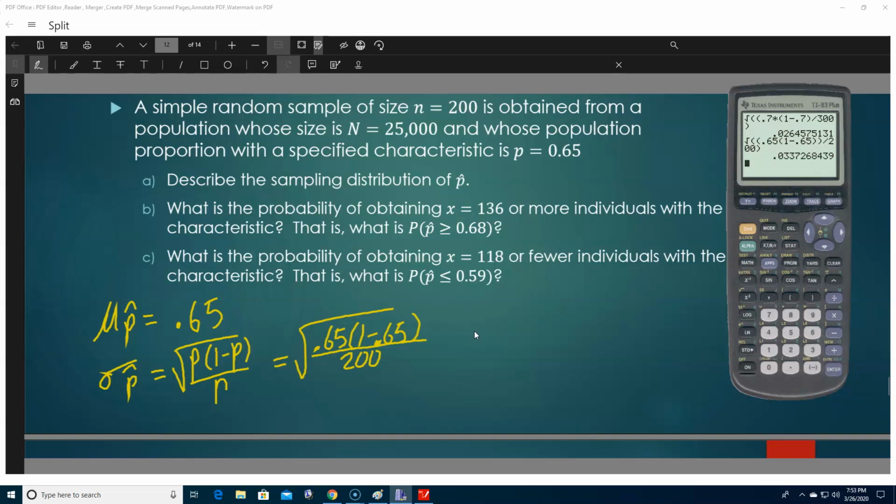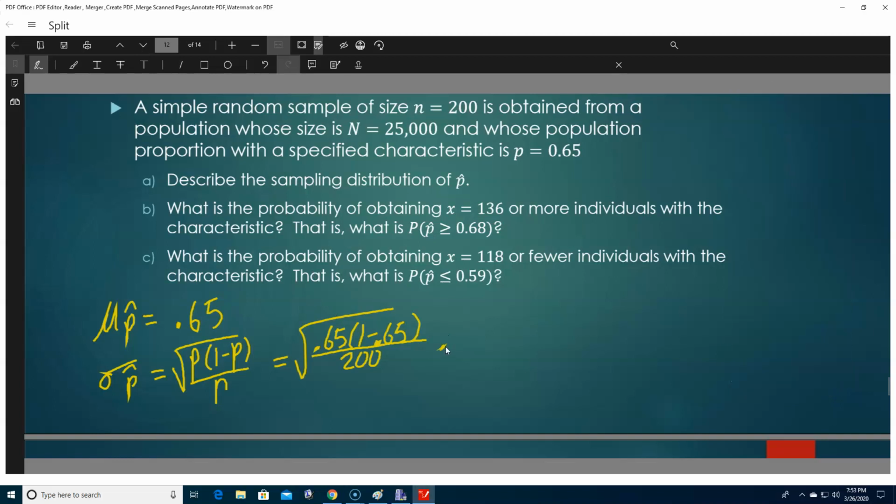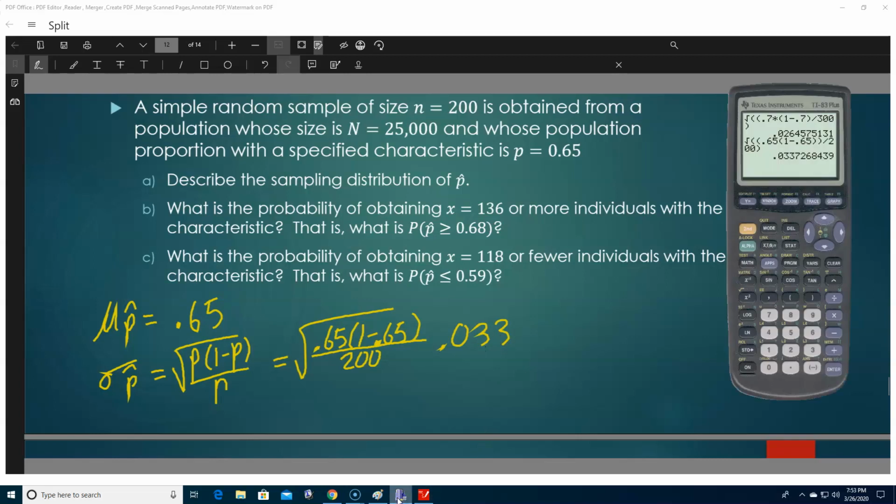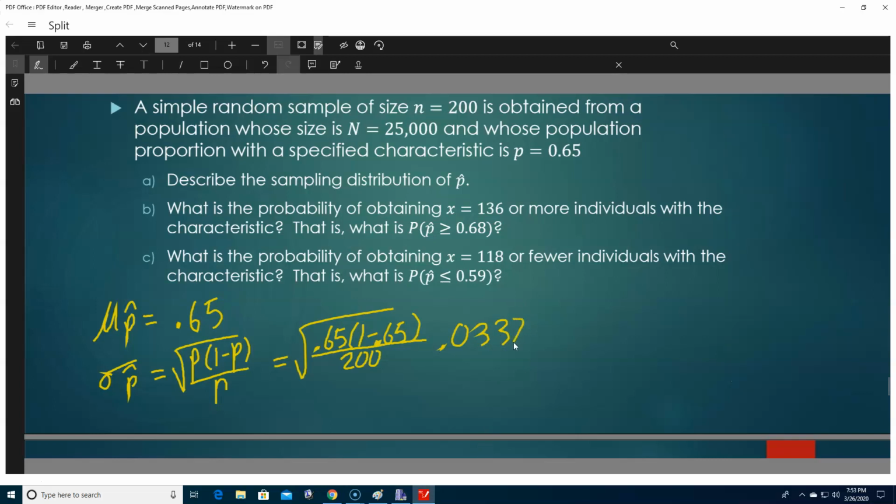There's your standard deviation. So we get 0.033, what was the last one? 0.0337. So there's our standard deviation.